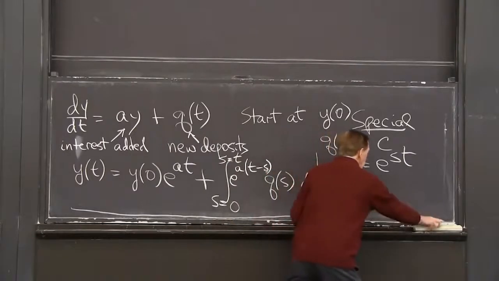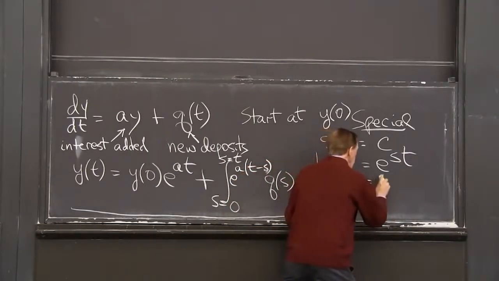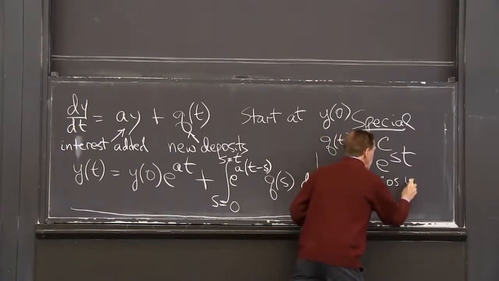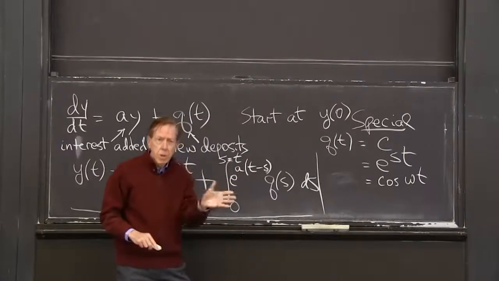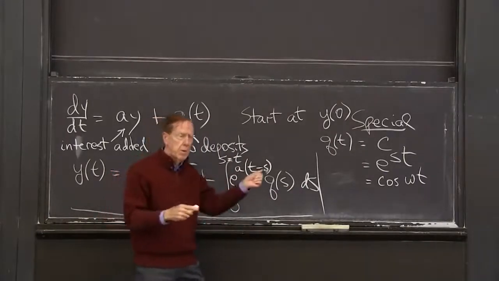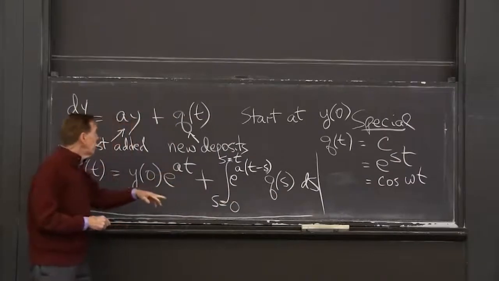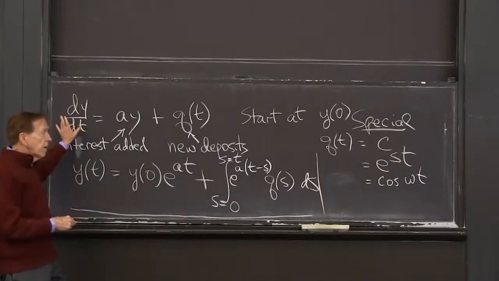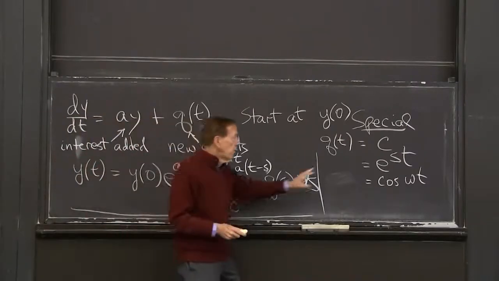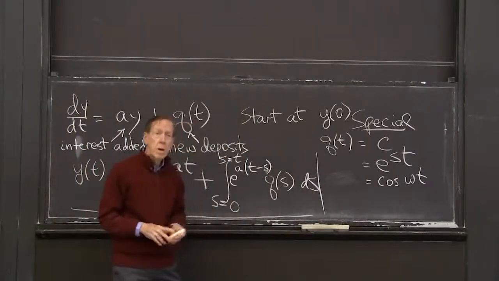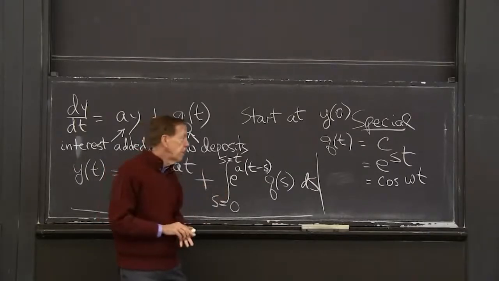Cosine of omega t, or plus sine of omega t. You remember those two kind of had to come together. We couldn't stick with cosines alone because the derivative of a cosine would give us a sine, so sines got into the picture. So we found the formula for that. That took a little more work, and in fact we did it by a real method and a complex method.